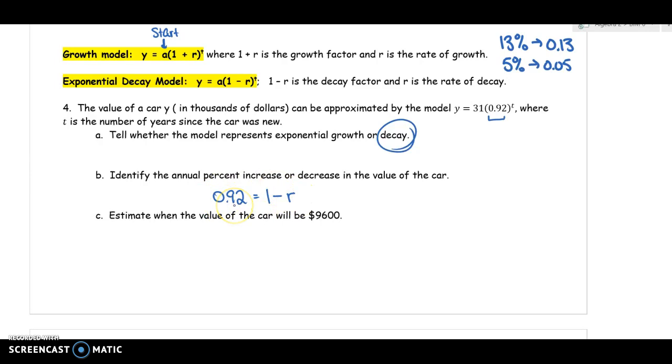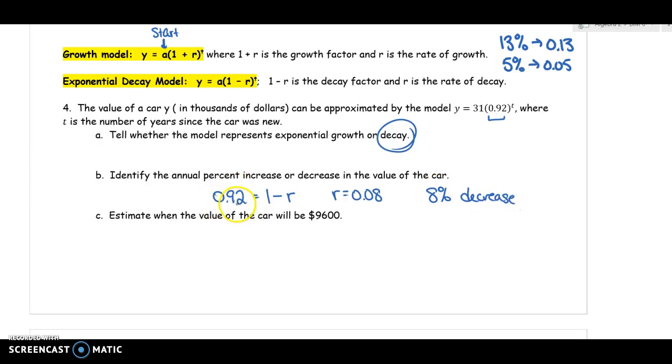Or you can solve this. But basically, once you solve this, you should get r is 0.08. That, as a percent, would be an 8% decrease.